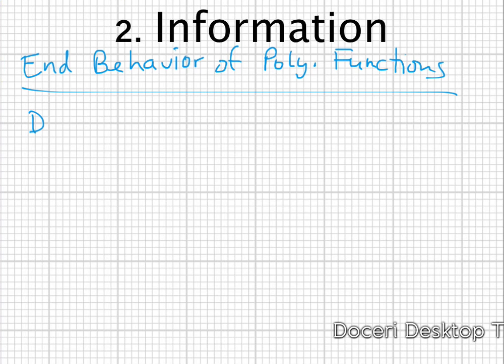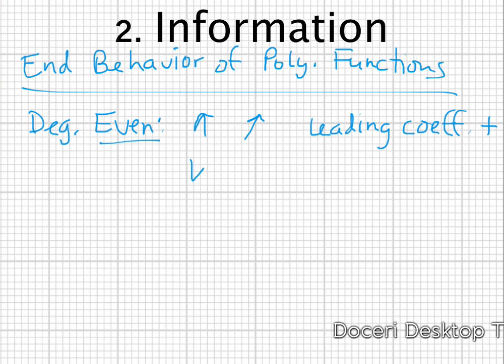So if the degree of your function is even, and I'm going up on the left and up on the right, then I'm going to have a leading coefficient that's positive. If I'm going down on the left and down on the right, then my leading coefficient is negative.